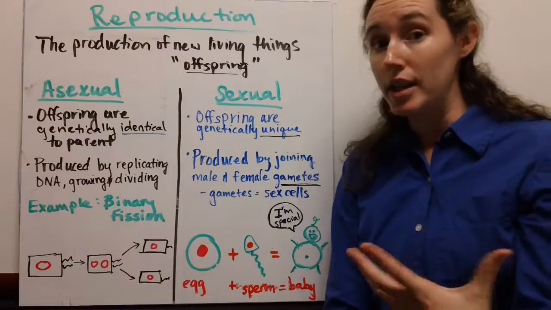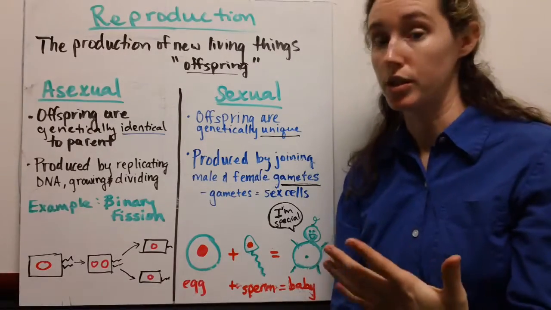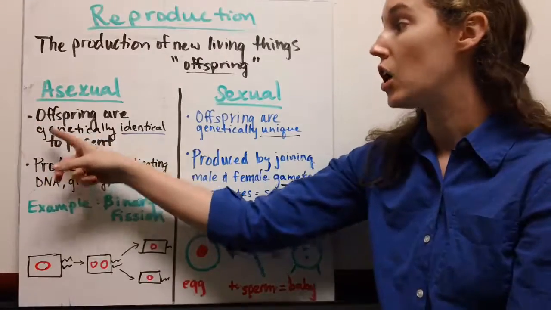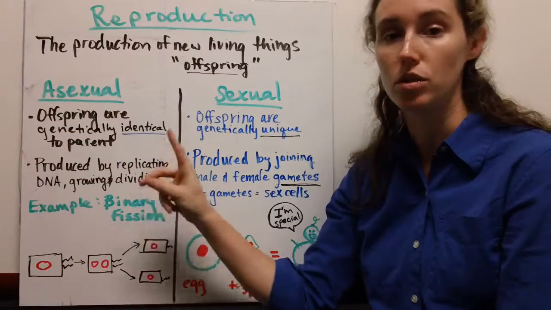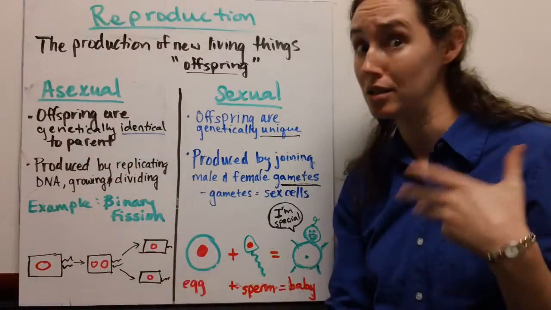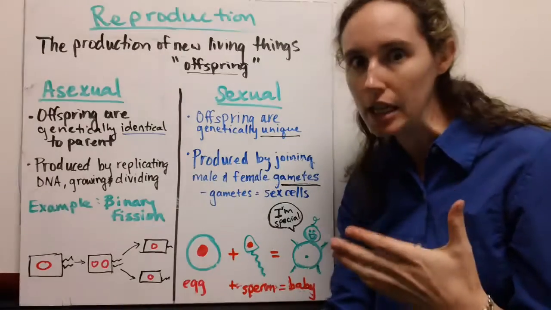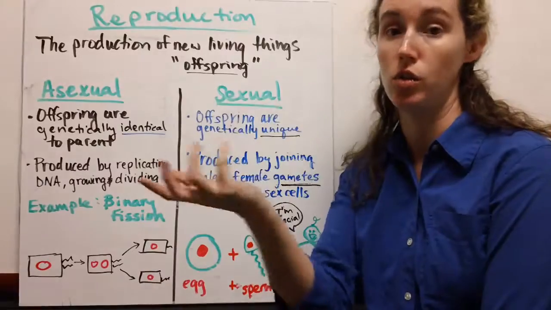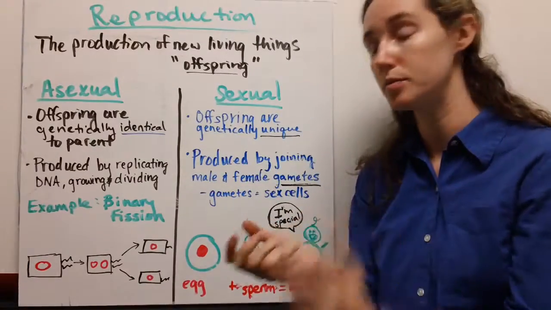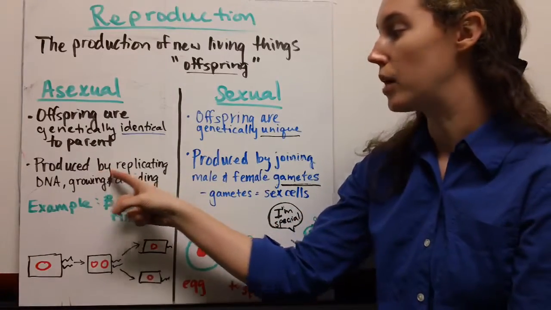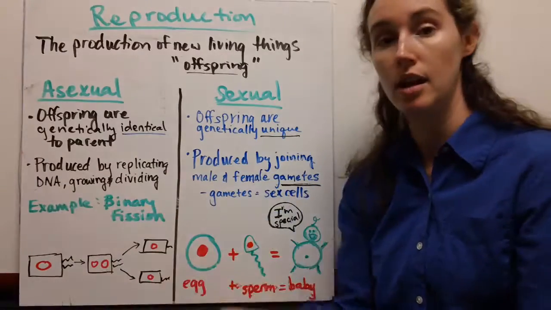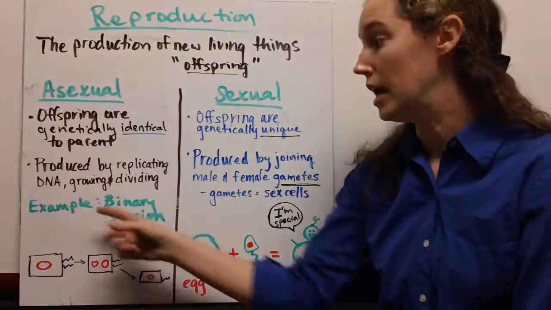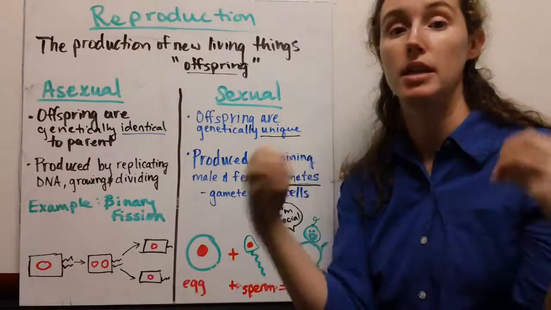This is a quick rundown of asexual reproduction, and it's just that the offspring that are produced are genetically identical to the parent. So this is basically like cloning, which is kind of neat actually. So the way you make a clone or an identical copy of a parent first is by replicating the DNA and then growing the organism and then dividing that organism in 2.